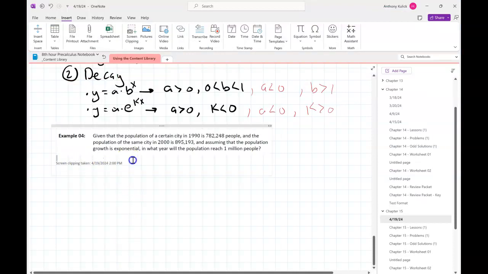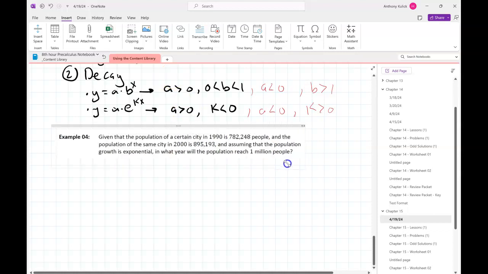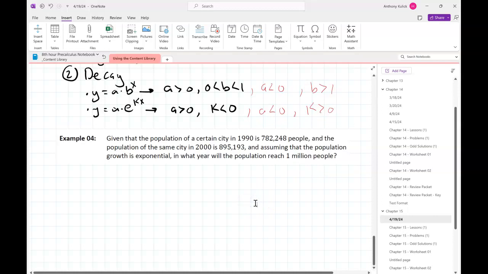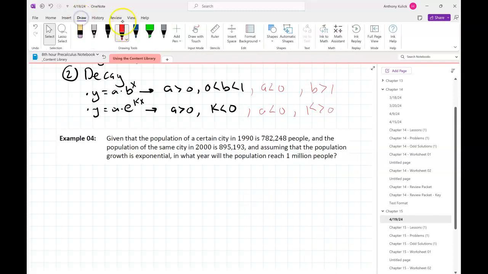So here's a very common exponential problem type. It says, given that the population of a certain city in 1990 is 782,248 people, and the population of the same city in the year 2000 is 895,193 people, and assuming the population growth is exponential, in what year will the population reach 1 million people? So this is kind of a two-step problem.